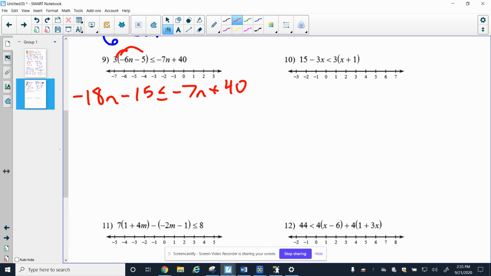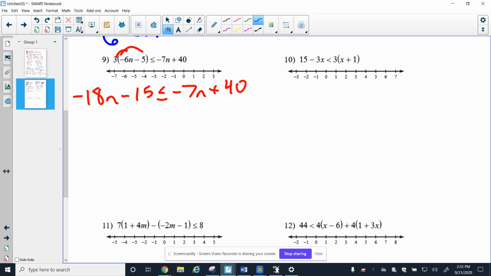Okay, now we have variables on both sides. We said last week with solving equations, when we have variables on both sides, get rid of the smaller one first. This is where that rule really becomes nice. Okay, if we get rid of the smaller number, we'll see what happens each time. So here, the smaller number would be the negative 18n.